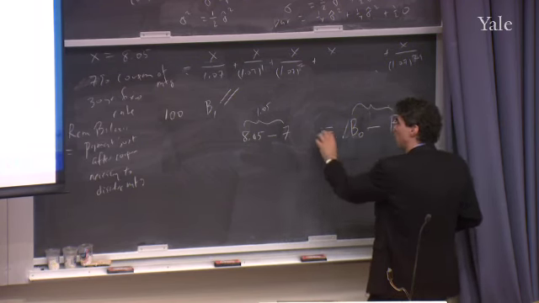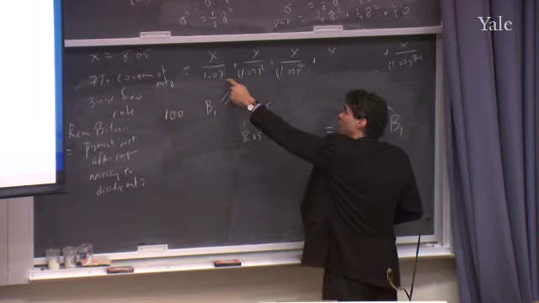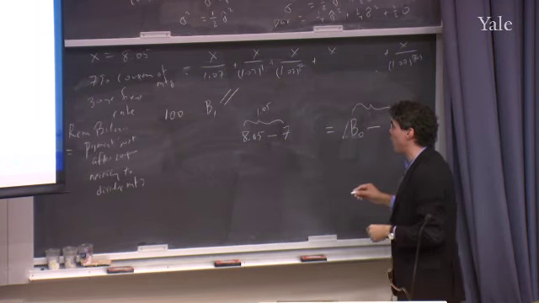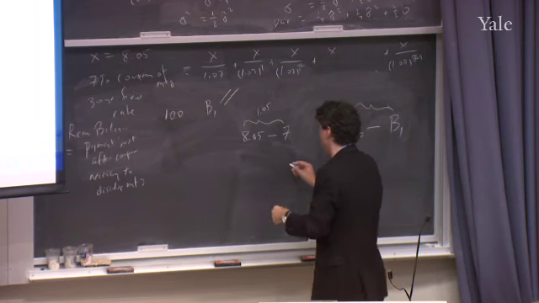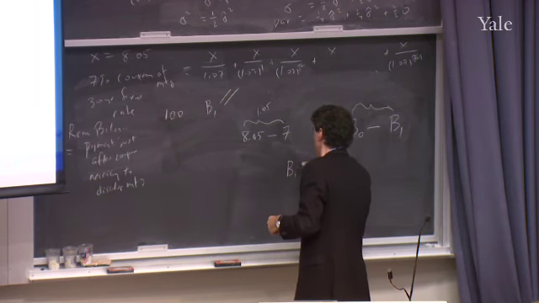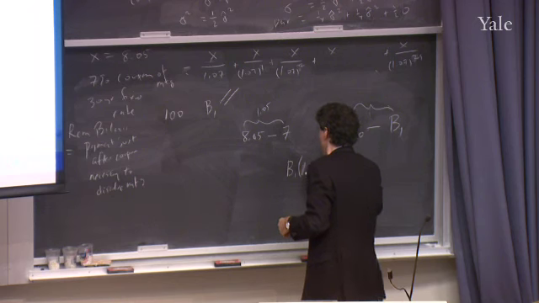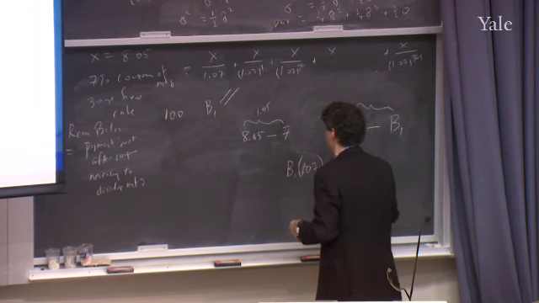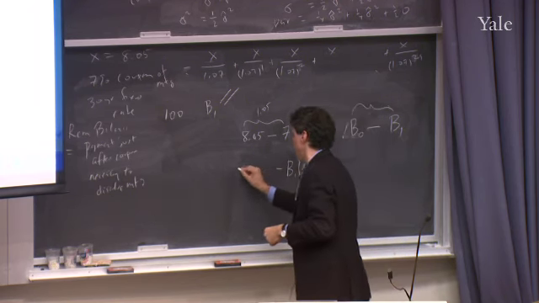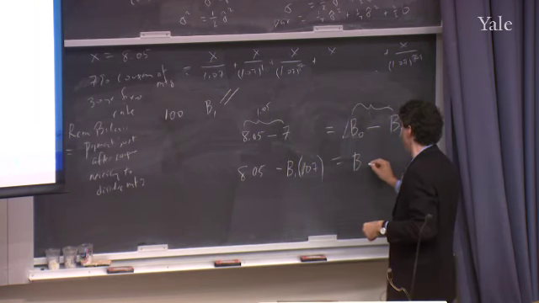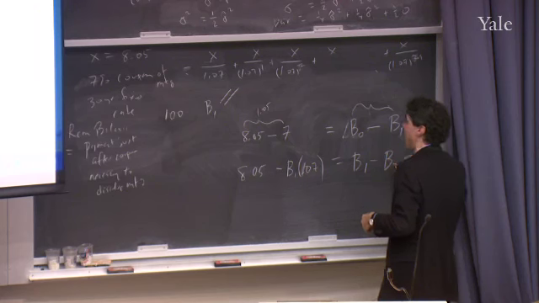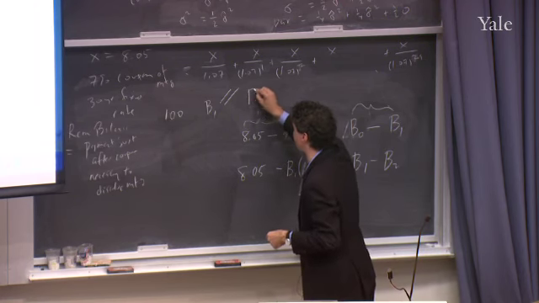The next time, the balance is going to go down even further, because the next time, the balance is only B1. What the guy owes, if he was just paying the interest, he ought to owe only 0.07 times B1, and yet he's still going to be paying 8.05. So B1 minus B2. So the balance B2 is going to go down even more.